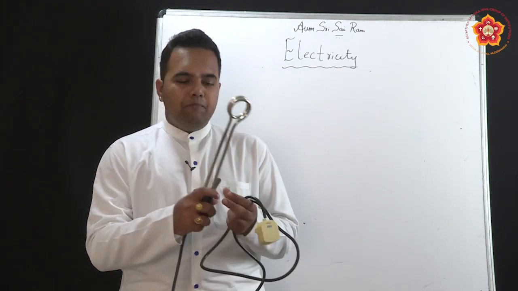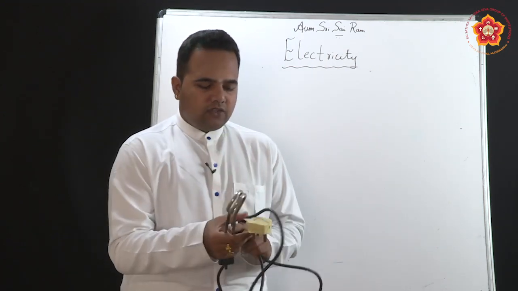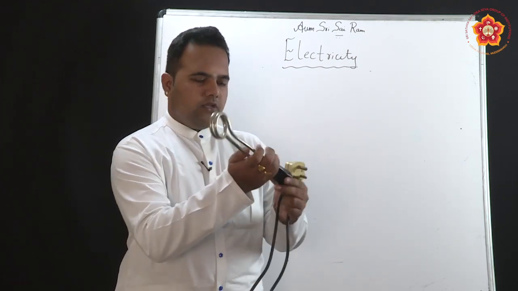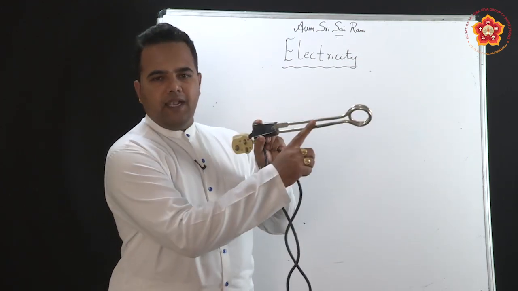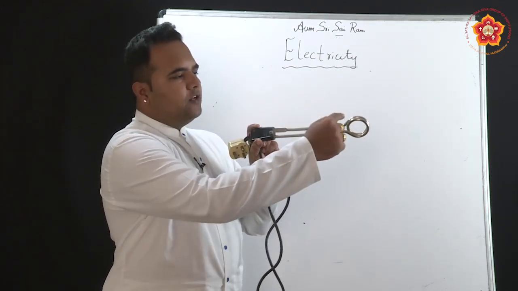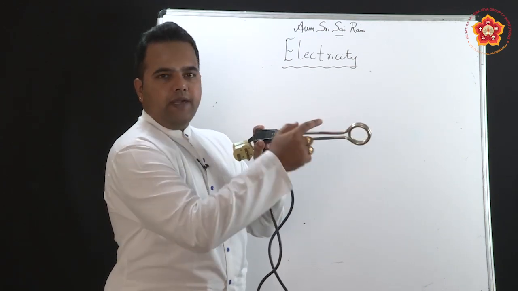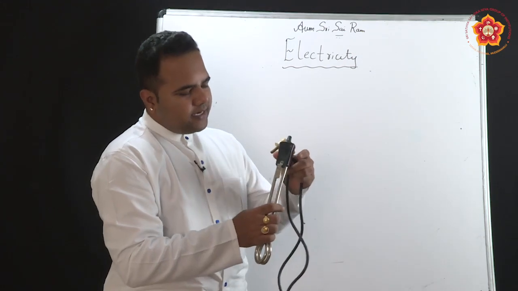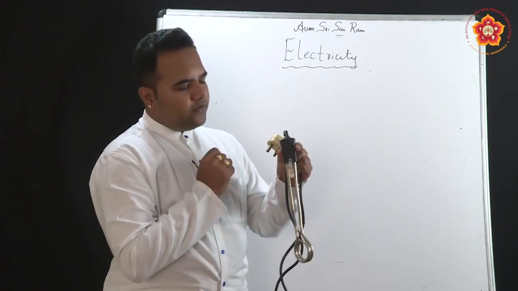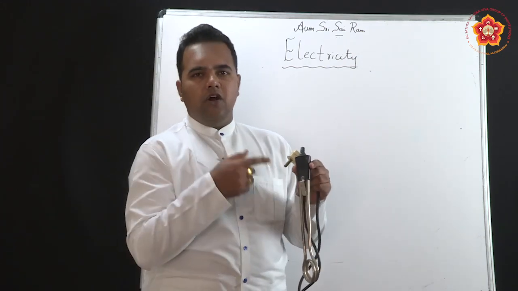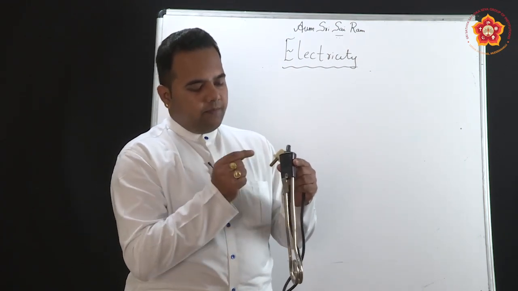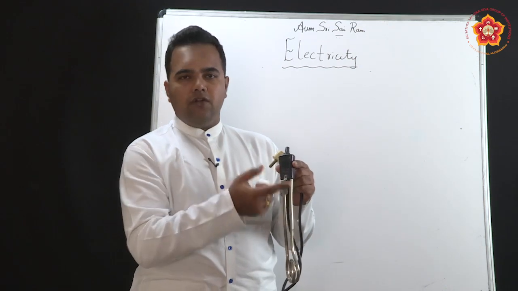The moment you plug in the socket, current flows through the wires and this metal gets heated up. This heat will be transferred to the water, but with a precaution: when we are inserting this into the water, we should keep an insulator like wood or plastic, so that the current will not flow through us.